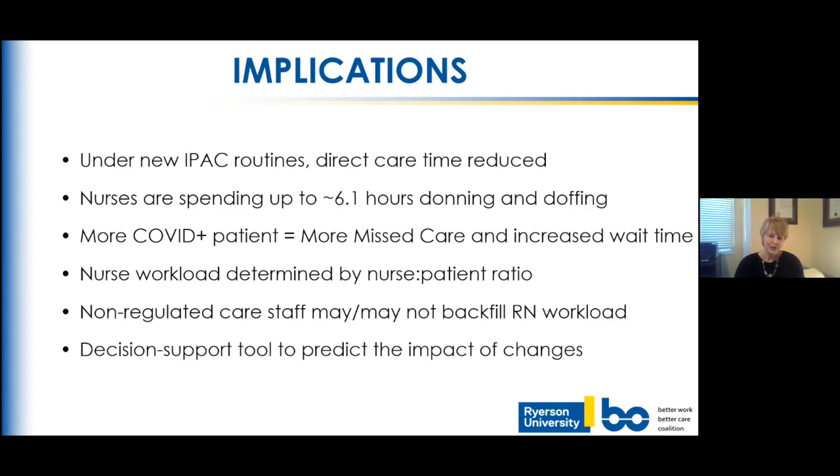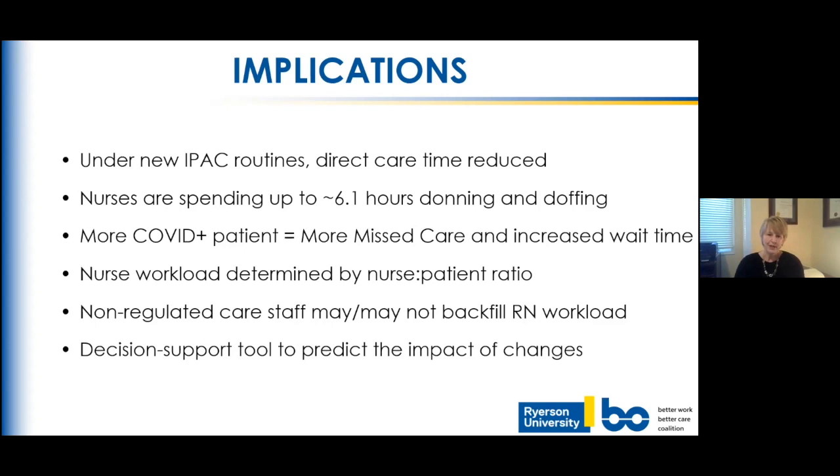So first of all, we know that caring for COVID positive patients is physically and mentally demanding work for nurses. We know that nurses need recovery time, and therefore they should be getting breaks in their 12-hour shifts. And we know certainly from some evidence and also anecdotally that nurses are still not always getting their breaks during a 12-hour shift.